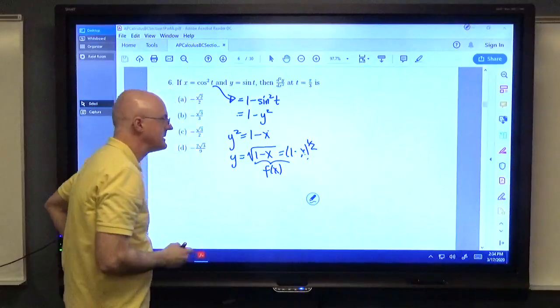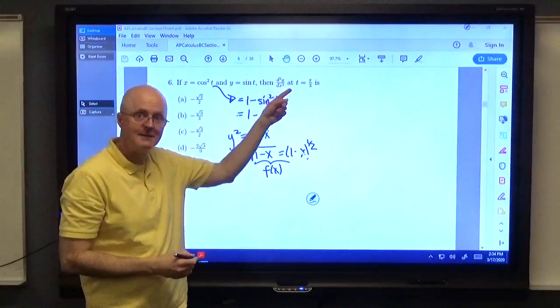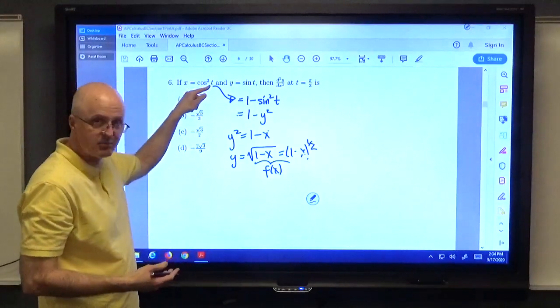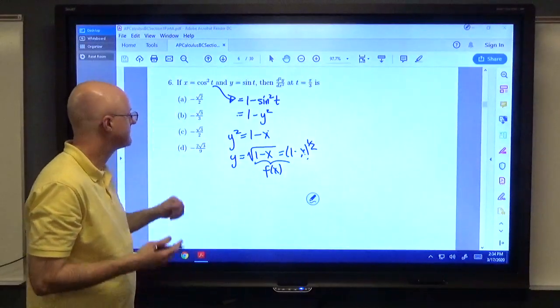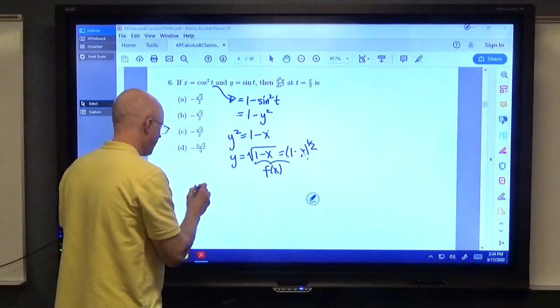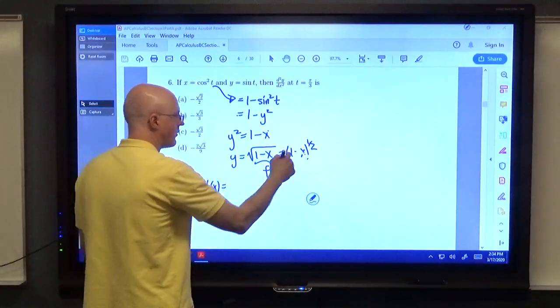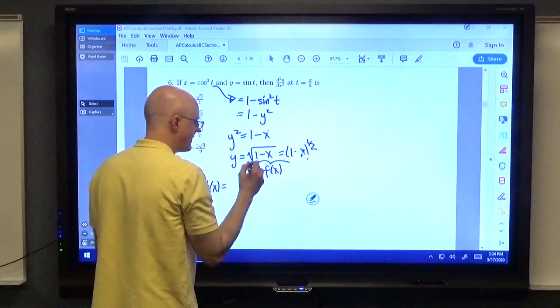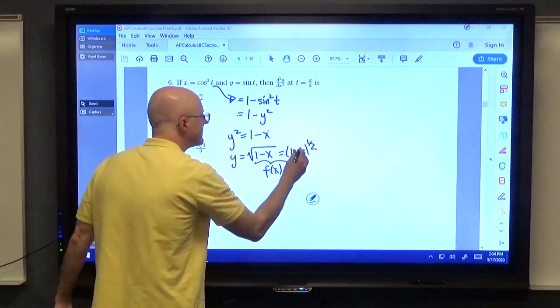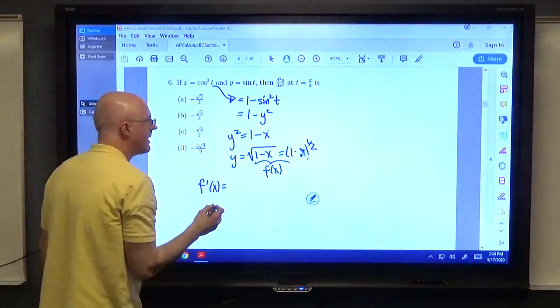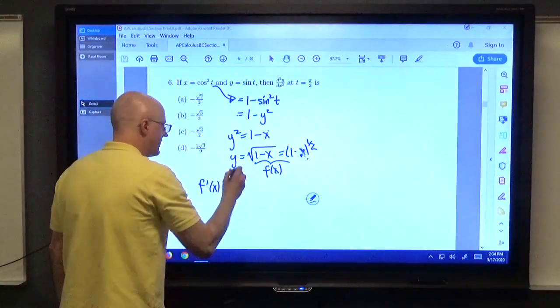So now my problem is to find f double prime of x, plug in whatever x is when t is pi over 3. I'd have to plug t equals pi over 3 into here to figure out x, but let's take the derivatives first. This is a 1 minus x quantity squared. Differentiate that, bring down the 1/2.